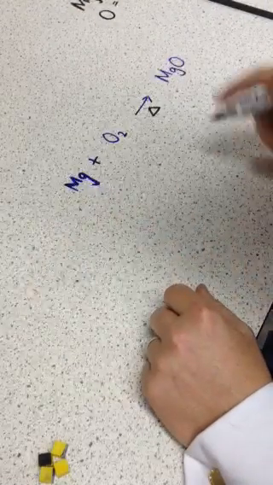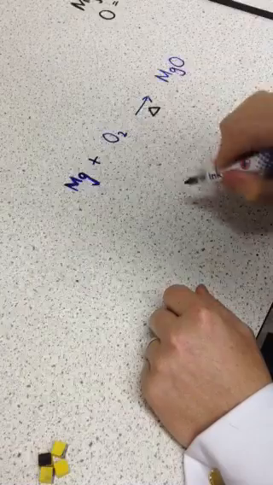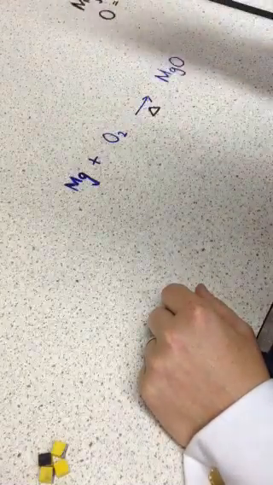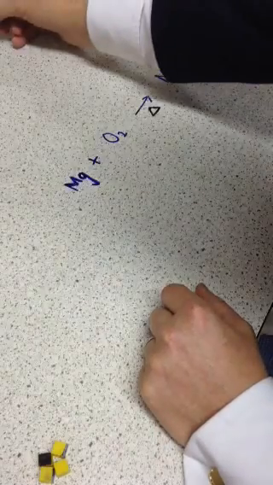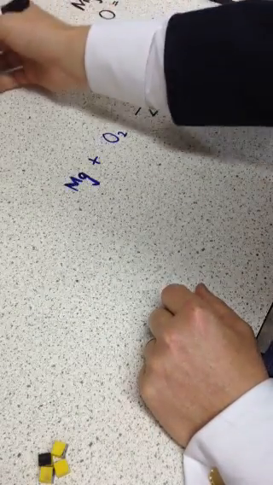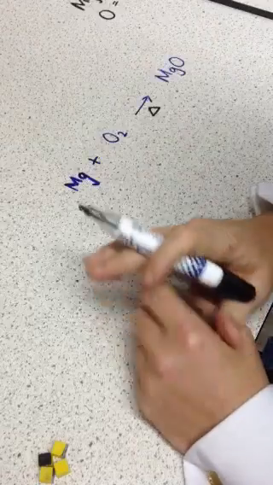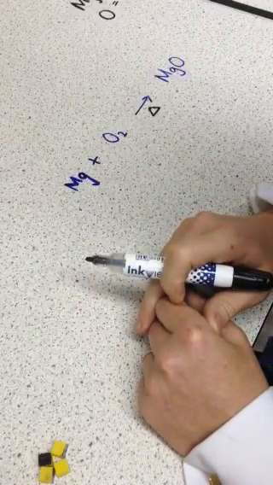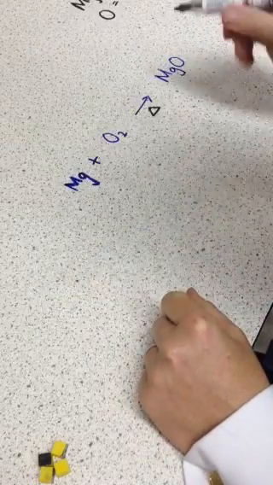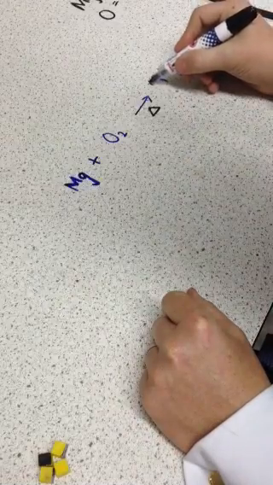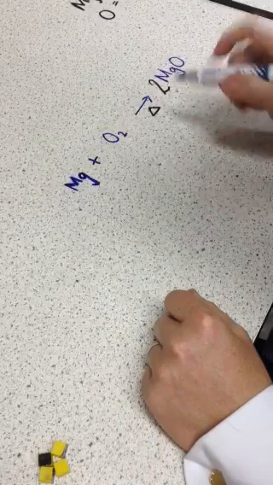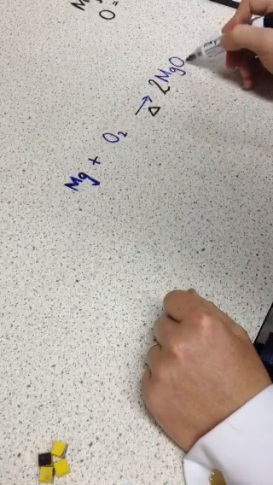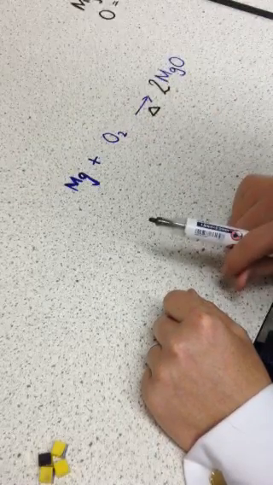Nice start, good. In terms of the oxygens, we have two on this side, but we only have one on this side. And therefore, we've got more oxygen on this side, which we must do something about. So we could put a 2 here. And if we do that, we can see that we've got 2 oxygens on this side and 2 oxygens on that side.